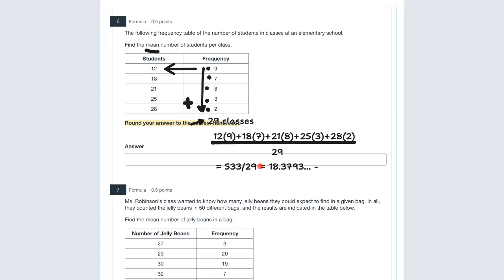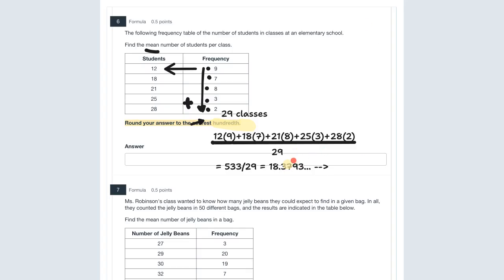And then I have to round that to the nearest hundredth. So I gotta move this out of the way. So I gotta round to the nearest hundredth right here. I can see in the instructions. So the 7 is in the hundredth spot, and the 9 tells me to increase that 7 to an 8.